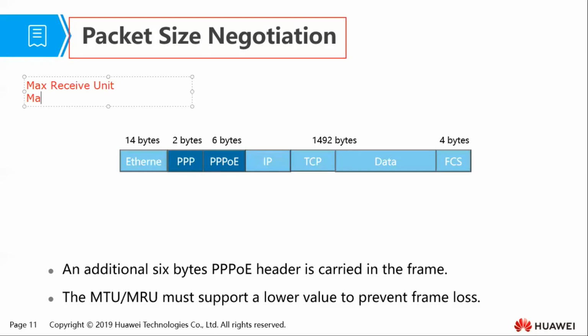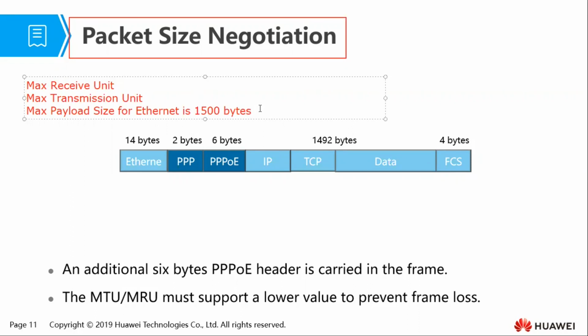We also have what we call the maximum transmission unit, MTU, and generally the maximum payload size for Ethernet is actually 1500 bytes. So what does that mean? It means that frames on Ethernet cannot be bigger than 1500 bytes. It needs to be 1500 or below.